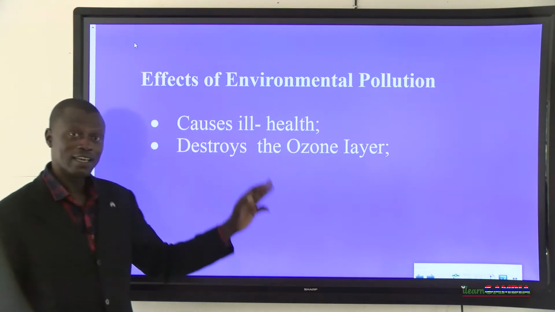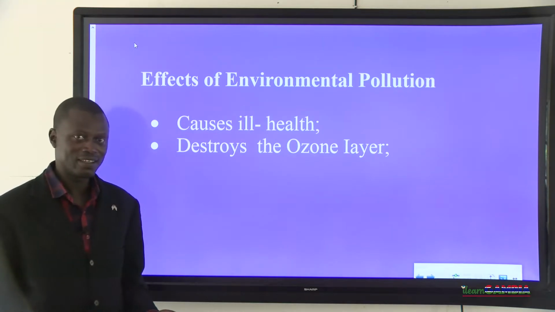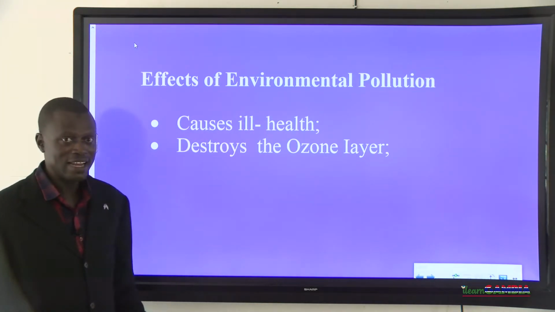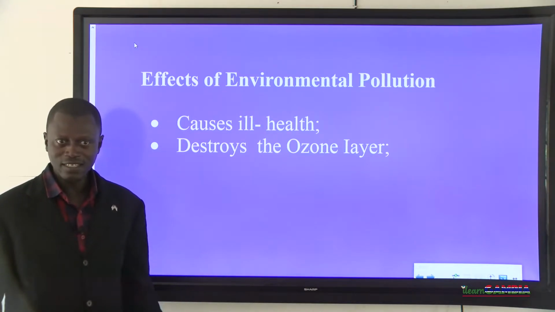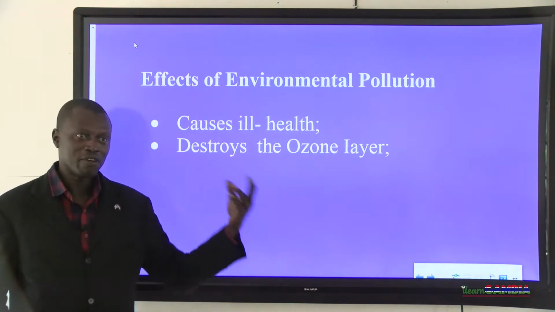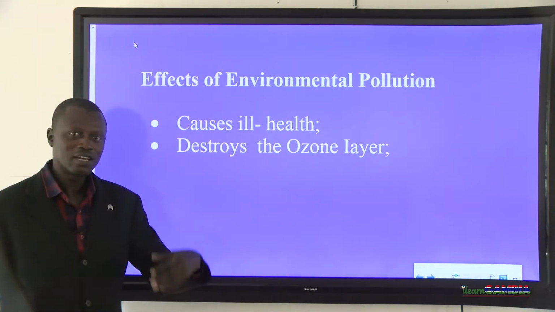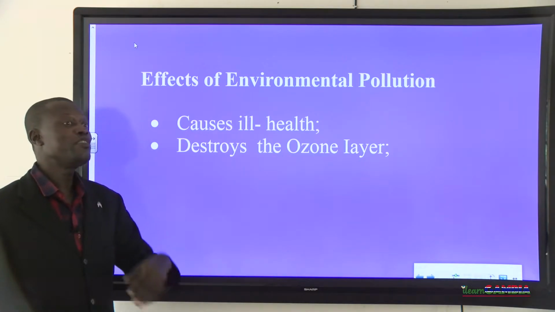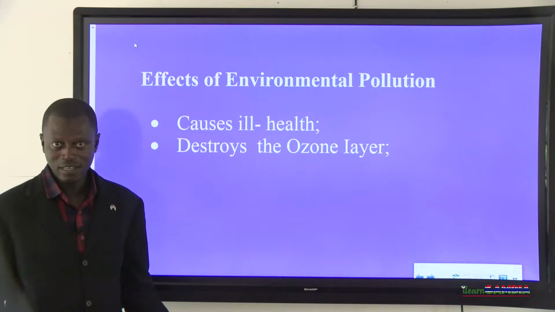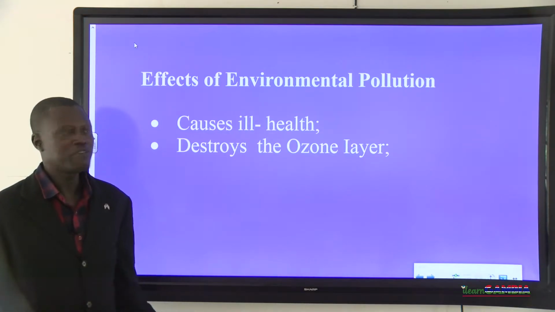Remember, ill health is different from total health. Pollution encourages ill health, and the moment there is ill health, sicknesses and diseases become part of the environment, and those diseases will affect humans, animals, and even other living things like our vegetation cover, our trees and plants, our crops, all are affected.